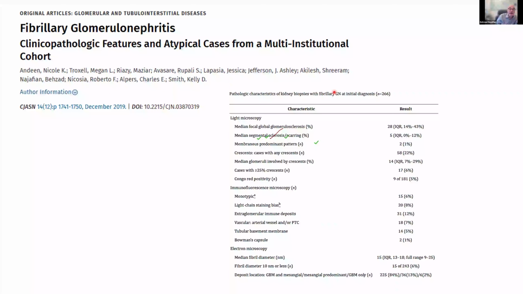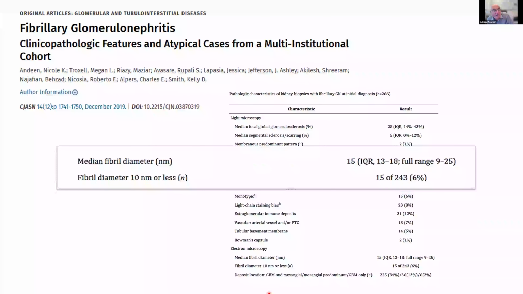So fibrillary glomerulonephritis, as I said, one question could be, what about the fibril size here? Because I showed you 9 nanometer, and that was in the range of amyloid rather than fibrillary that you commonly find. But indeed, a study that many of us were part of, where Kelly was the senior author and Nicole was the first author, shows something relevant to our case: the median fibril diameter, the full range, was 9 to 25.